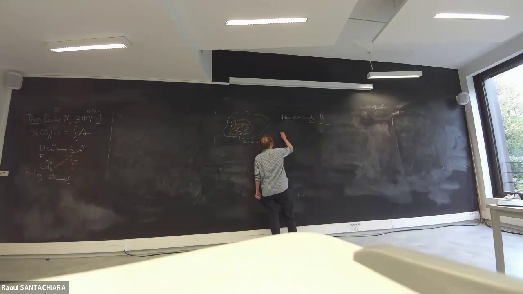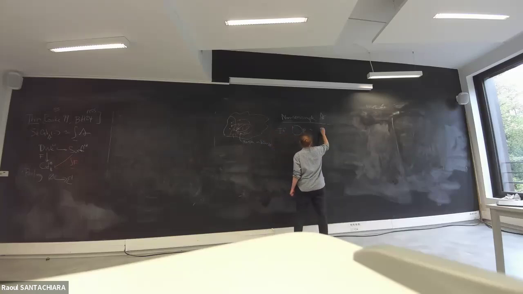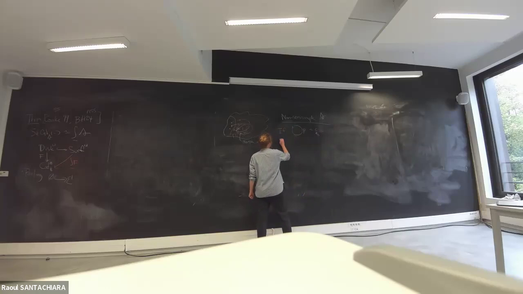If I take some closed Skein and I color it by a projective, if this is equivalent to the empty Skein times some C that is non-zero, then I can use my Skein relations to get rid of it, and the unit in A is projective.